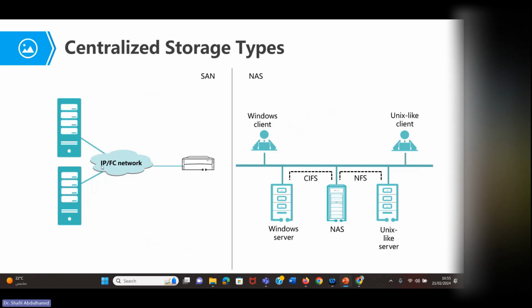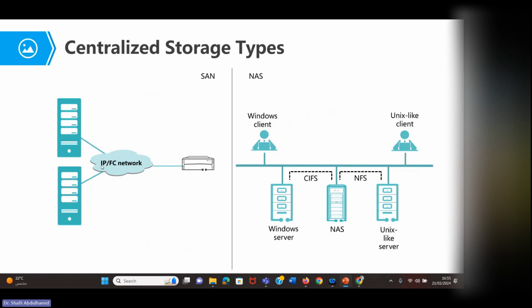IP SAN is, of course, the one that's using the IP, okay, together with the SAN technology to give different servers access to a pool of resources that are stored in a physical device, okay? And this takes place using a network protocol called IP-SAN or FC-SAN.